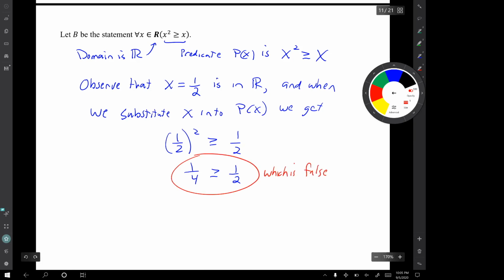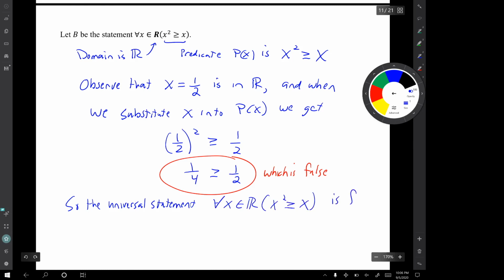So that number, x equals 1/2, is a counterexample that demonstrates why that universal statement is false. So the universal statement is false, and the counterexample, x equals 1/2, shows that it's false.